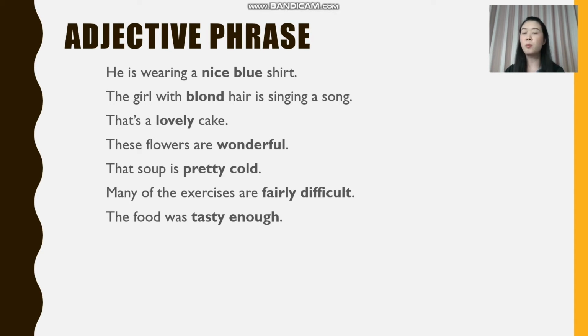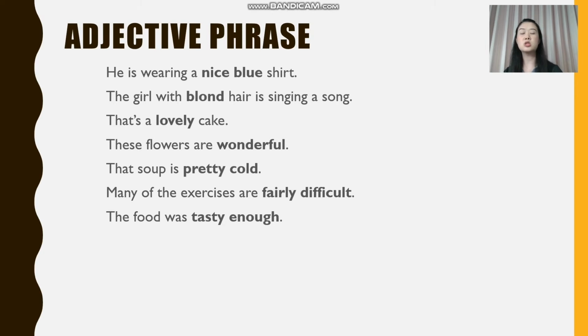The girl with blonde hair is singing a song. Even only one word can be claimed as a phrase as well, because the word blonde is the adjective, that is the head word for this phrase. Okay, even if it's alone, that's fine, no worries.